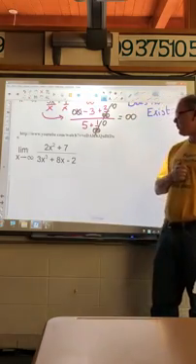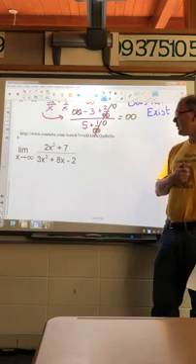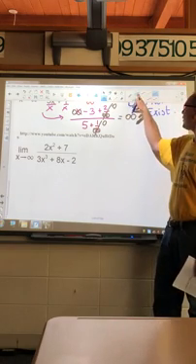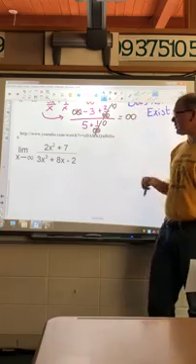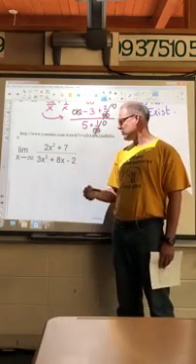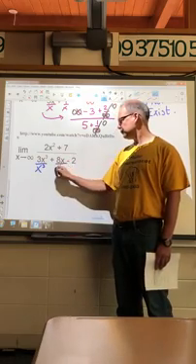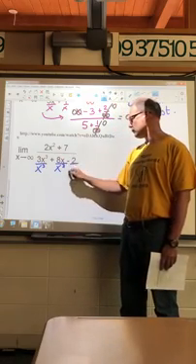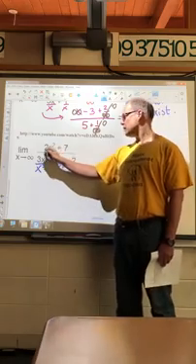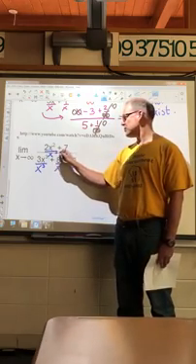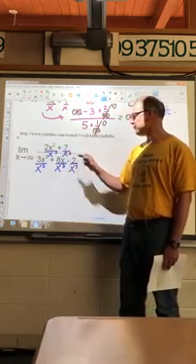Okay, final example. So here the largest power of x in the denominator is x to the third. So we're dividing every term by x to the third.